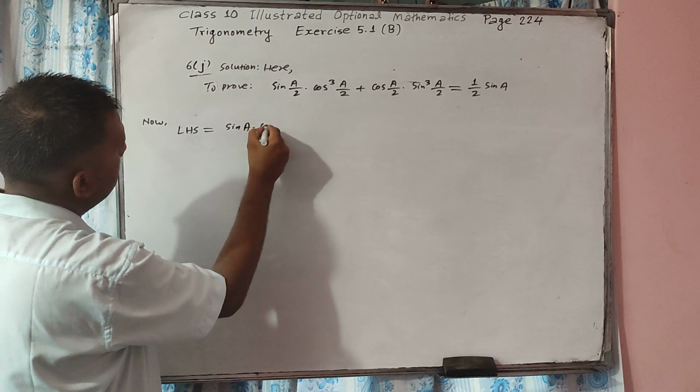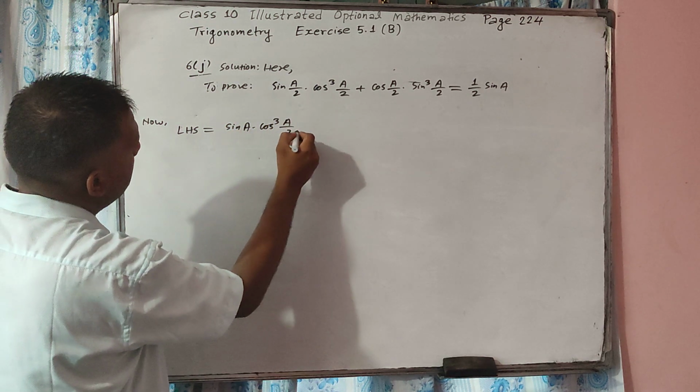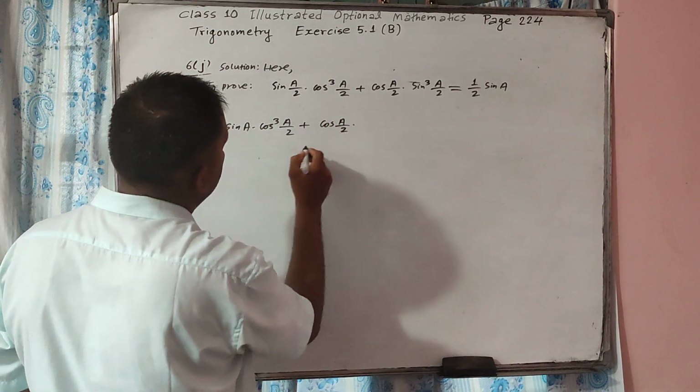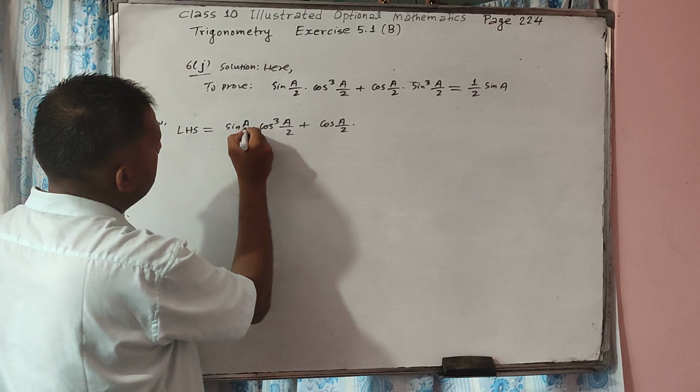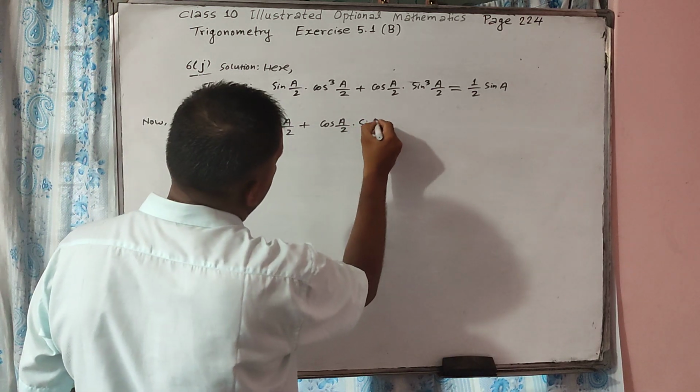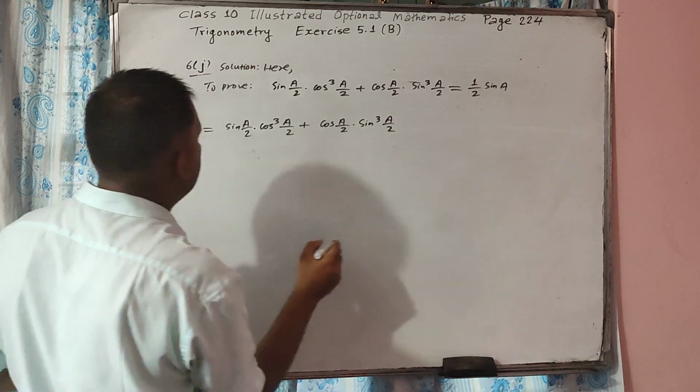sin(a/2) into cos³(a/2) plus cos(a/2) into sin³(a/2).